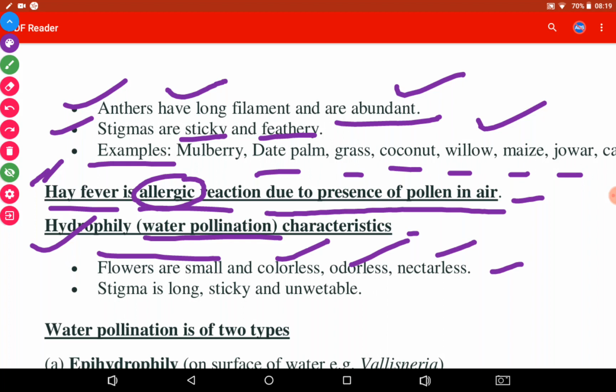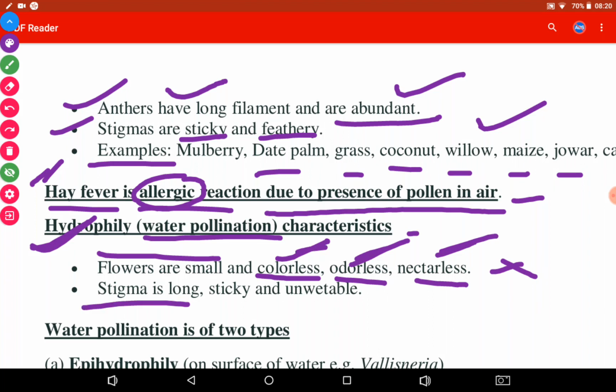And they are colorless. There is no requirement of color, odor and nectar in such kind of flowers, because colored flowers, flowers with odors, nectar and nectar glands are characteristics of flowers pollinated by insects. But whenever the flower is pollinated by water, it should be colorless, odorless, nectarless.